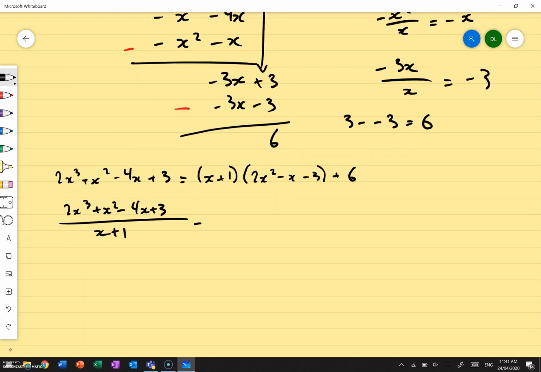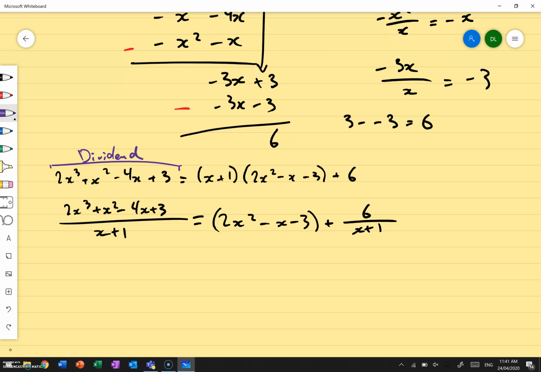So I get 2x squared minus x minus 3, plus 6 divided by x plus 1. So this is my dividend, this one is my divisor, my quotient, and my remainder.